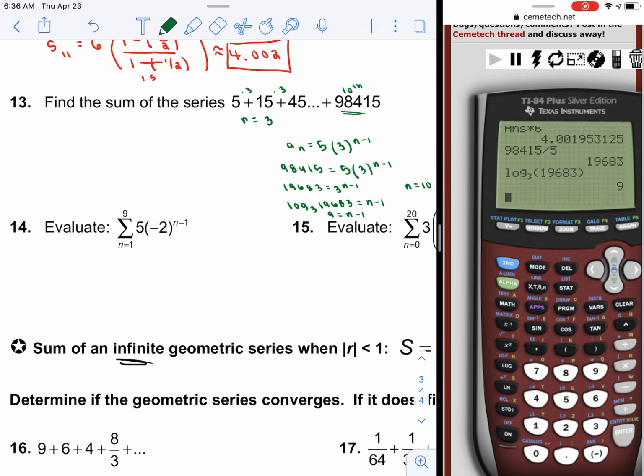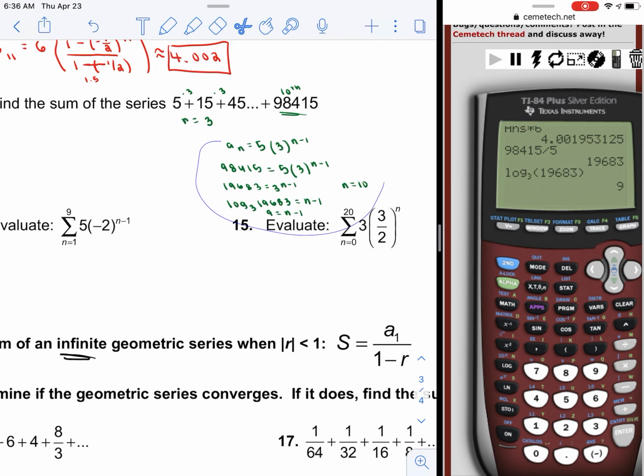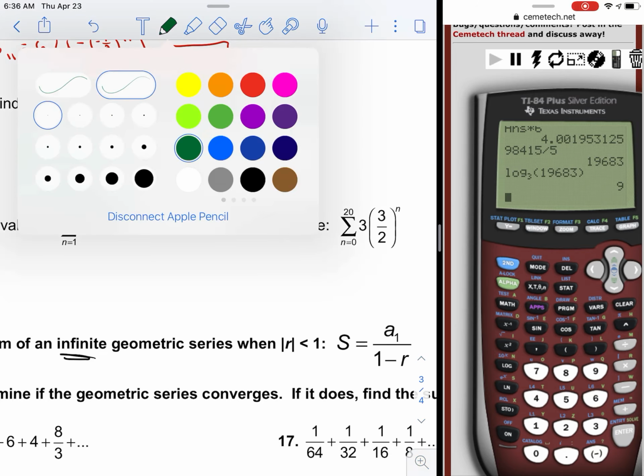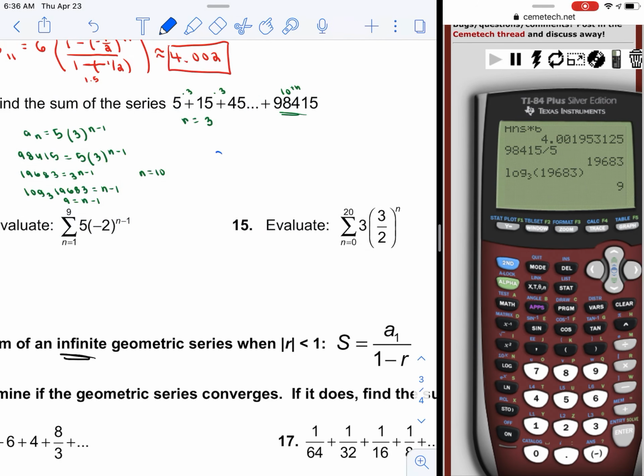So, let's make this work in the order that I'm doing it. We are going to be finding the sum of 10 terms, and we are going to fill in the first term, and then 1 minus that common ratio of 3, all to the nth power, over 1 minus that common ratio of 3.